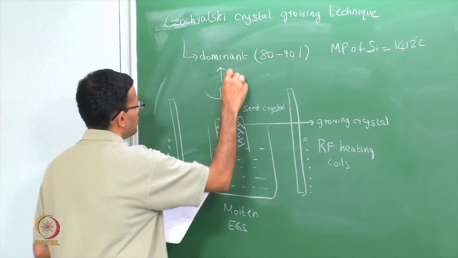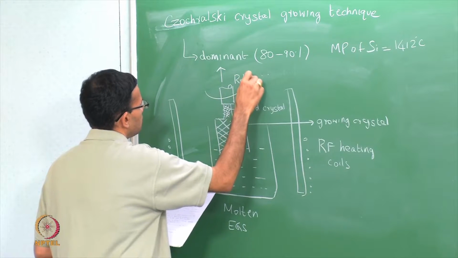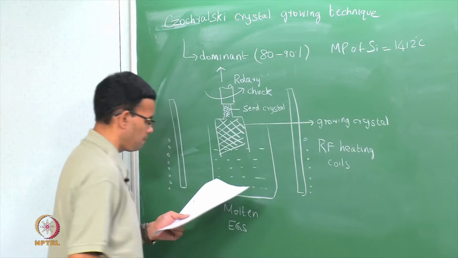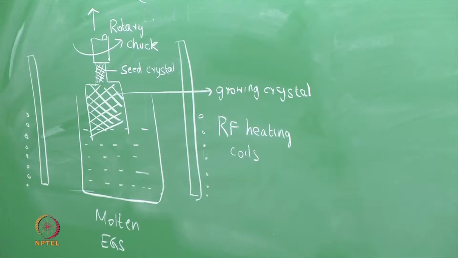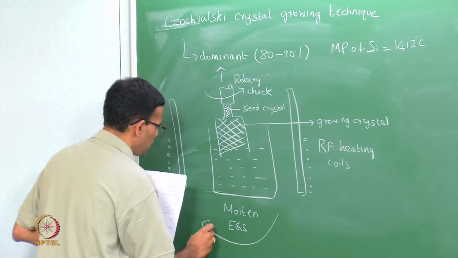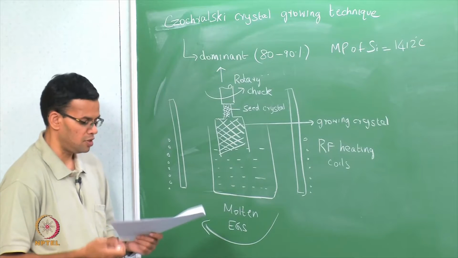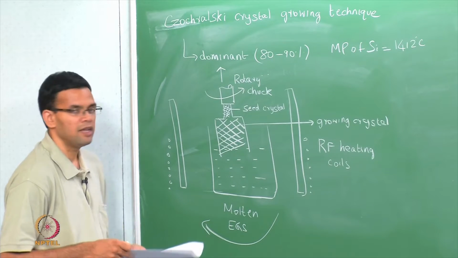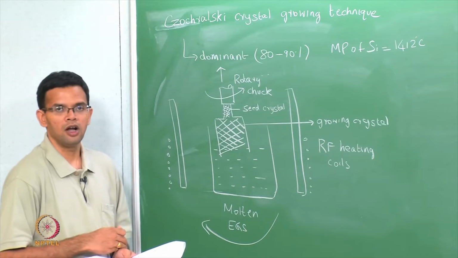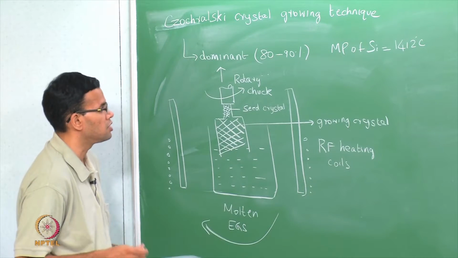Usually this is nothing but a rotary chuck, and it is rotated and at the same time pulled out of the furnace. The crucible is also rotated, but in the opposite direction, in order to maintain uniformity of temperature and a uniform growth rate across the entire length of the furnace.